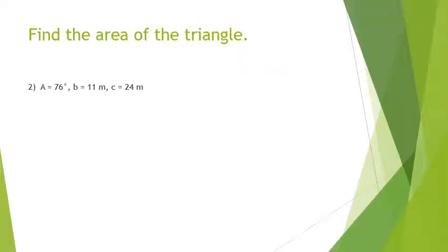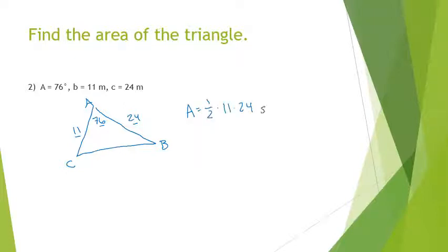Next one, A equals 76, B equals 11, C equals 24. So let's draw the picture. A is 76, little b is 11, little c is 24. Do we have side, angle, side? Yes, we do. So area is 1/2 times the 2 sides times the sine of the angle between them.